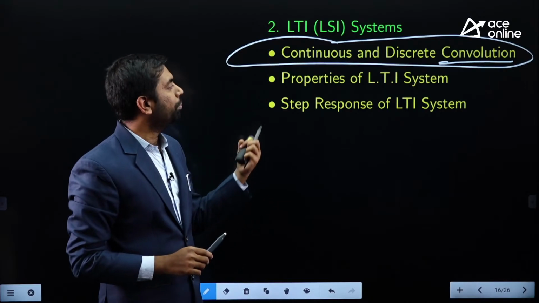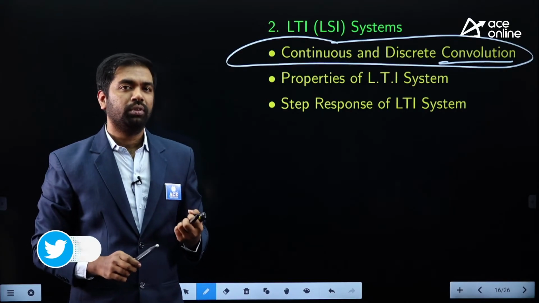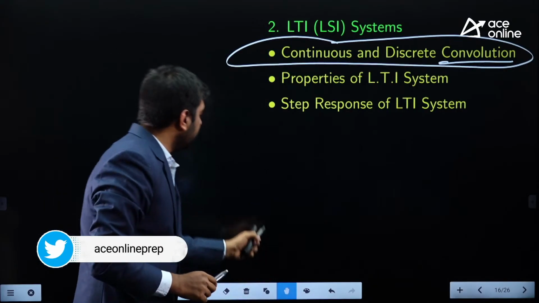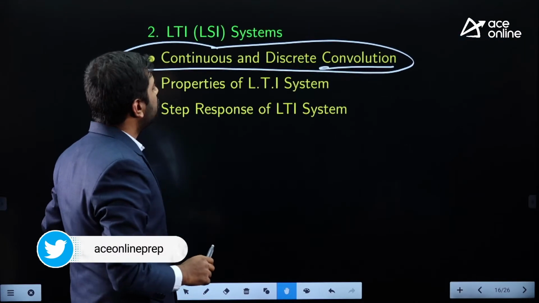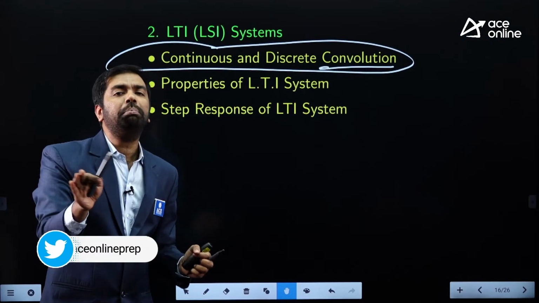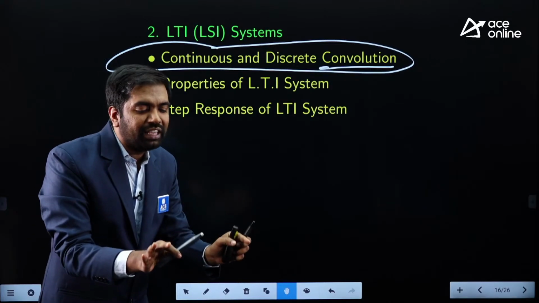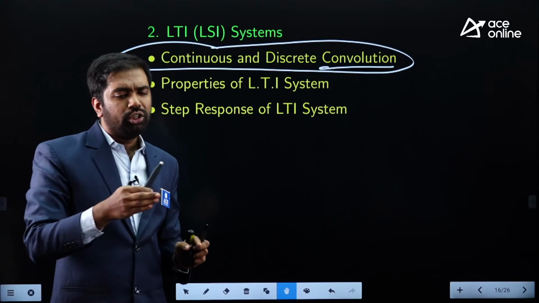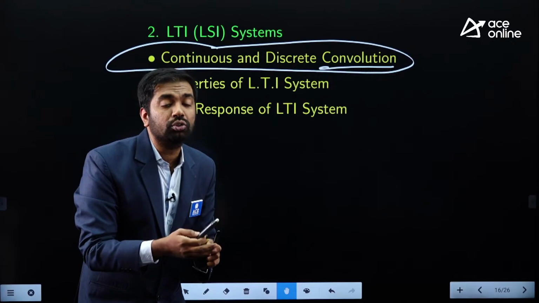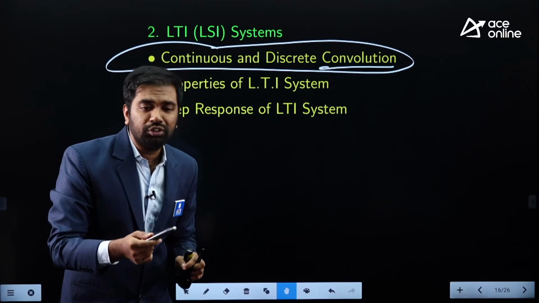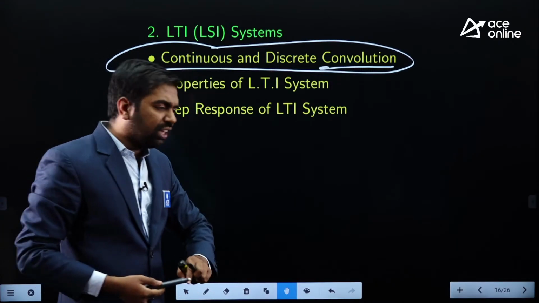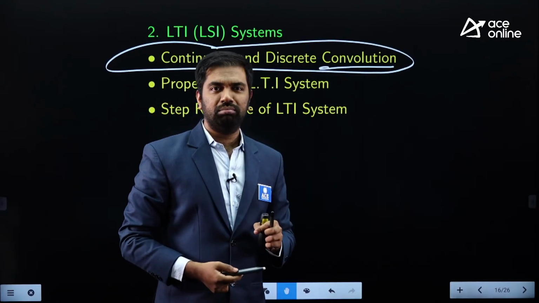Then the properties of LTI systems. What you will learn here is that just by examining the impulse response, you can decide whether a system is causal or not, whether the system is stable or not, and whether the system needs memory or not. How is this possible?